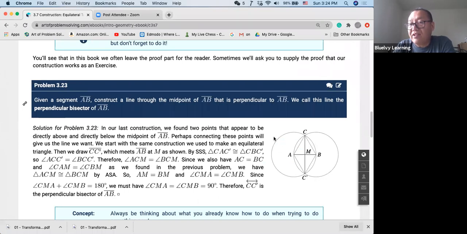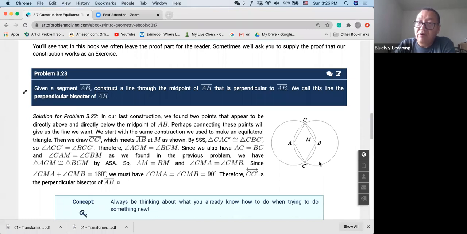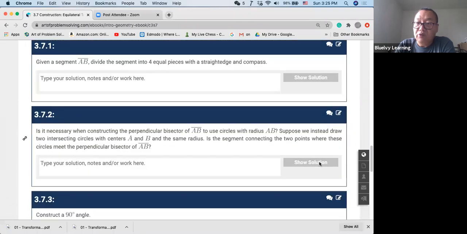To do that, just use what we drew here. We already drew the equilateral triangle ABC. You just connect this C and this C prime. Then the line you get, CC prime, is a perpendicular bisector of AB. Okay, see, this is what they ask you to do.